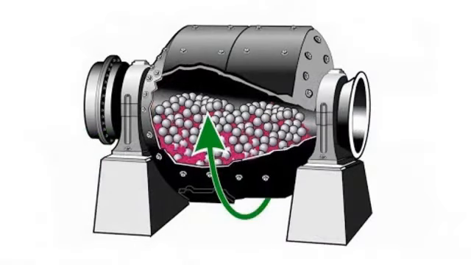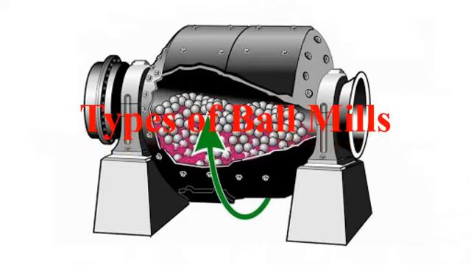Let us discuss the types of ball milling apparatuses. Okay, so dear student, please note that ball milling apparatuses are of different types. They may be based on the shape of the ball drum.